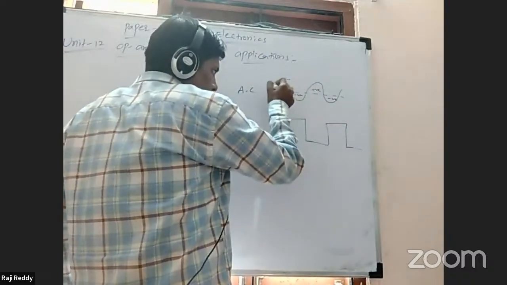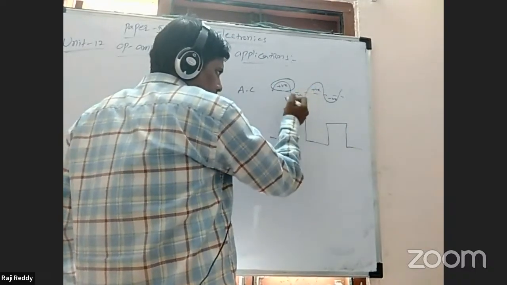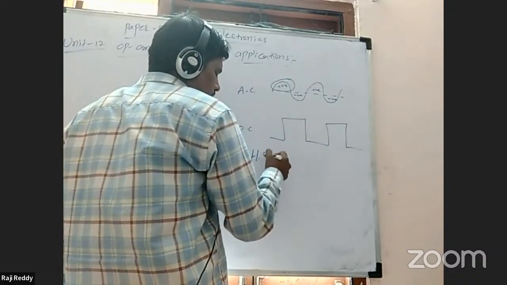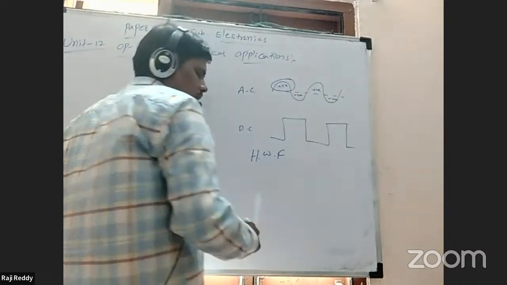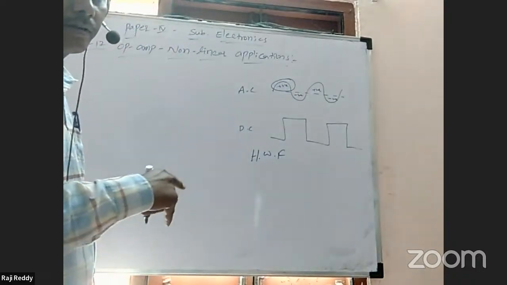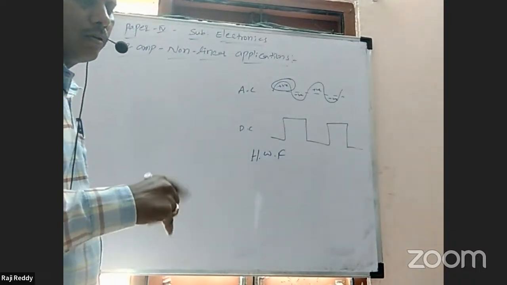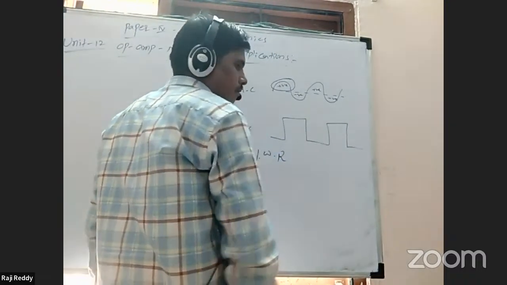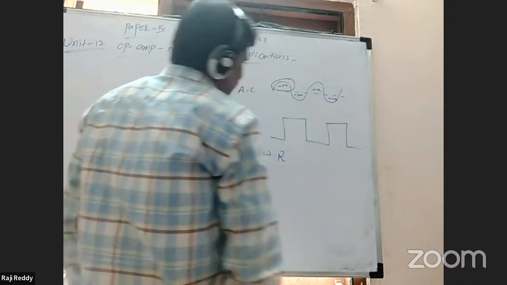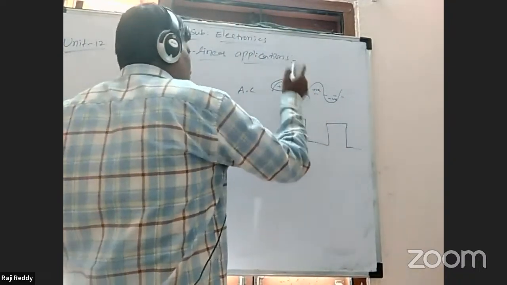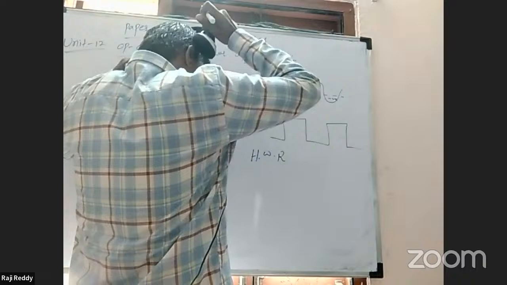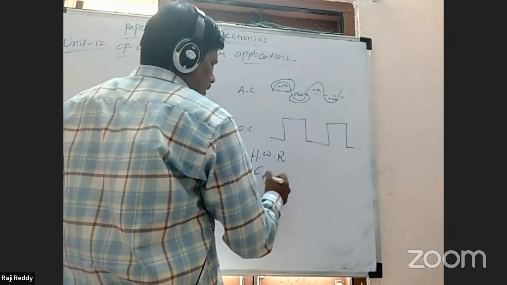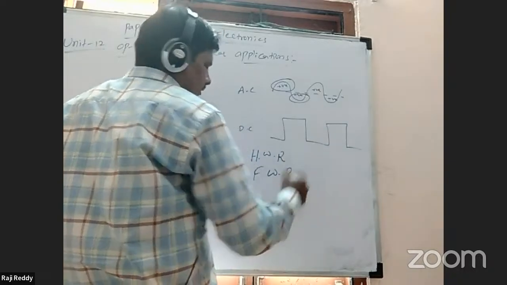If only the positive pulse or only the negative pulse is converted from AC to DC, that is, half of the wave is converted from AC to DC, that is called a half-wave rectifier, HWR. If both the positive and negative pulses are converted from AC to DC, that is called a full-wave rectifier, FWR.